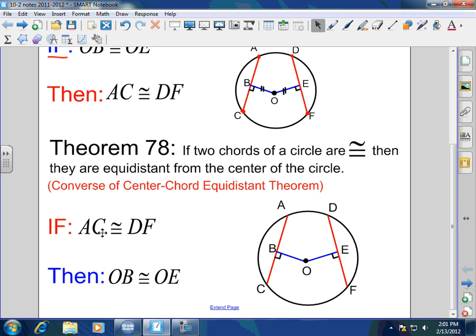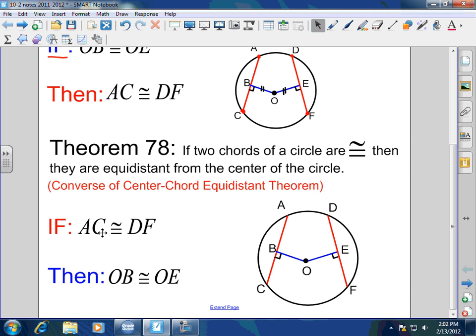Remember, guys, that the converse switches the if and the then. So if I have the conditional statement, if P then Q, the converse would say if Q then P. So that's why this is the converse here.